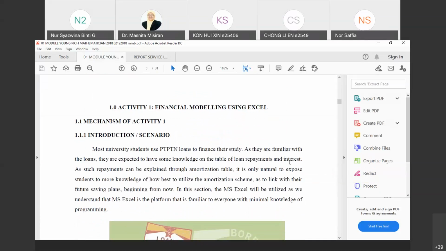Okay, so this is the example. Okay, ini the first one. Dia punya konsep dia sebenarnya ialah dia nak highlight yang sebenarnya you boleh model a financial environment using Excel. Okay, sebenarnya dia nak highlight satu konsep, you ada capacity guna Excel, which is Excel, kalau orang tu ada notebook, dia akan ada Excel.